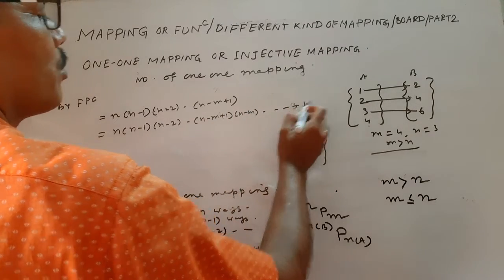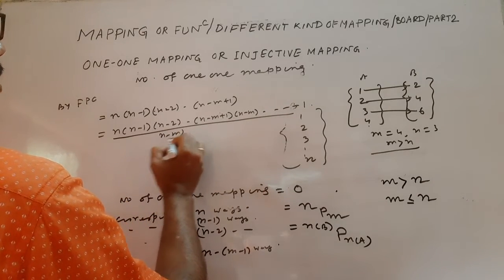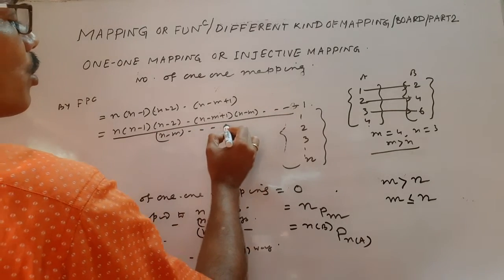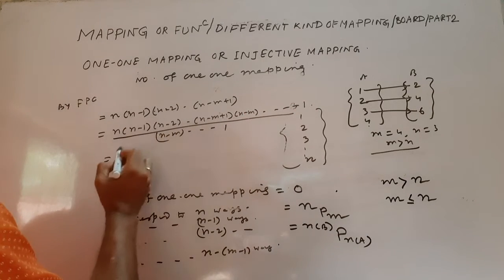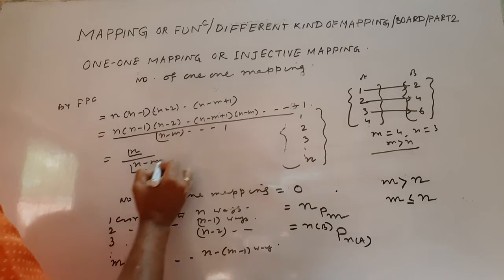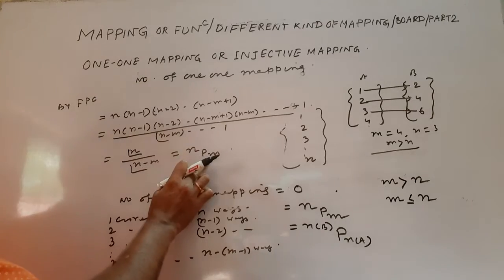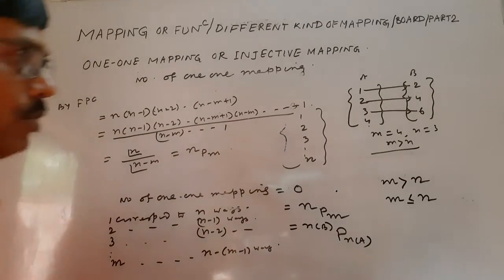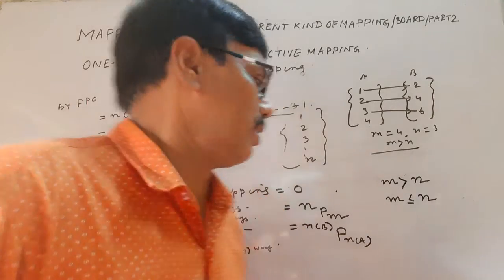If we take up to 1 and balance it by n minus m dot dot 1. So this is balance. So n to 1, this is factorial n. This is factorial n minus m. So nPm, factorial n by factorial n minus m. So actually this is the result of permutation.